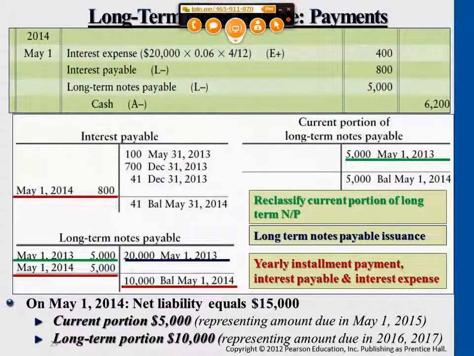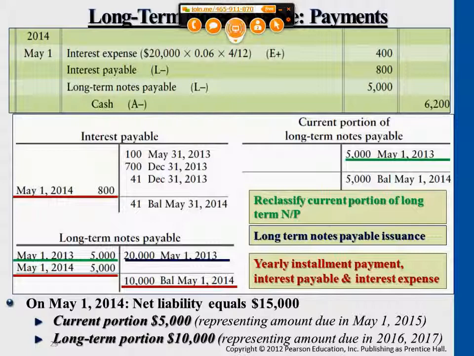Then installment payments, when it comes to a year later, we're paying off $5,000 and we're also paying off $800 of interest. Okay, and then don't forget we have another account, interest expense, that has the $400.